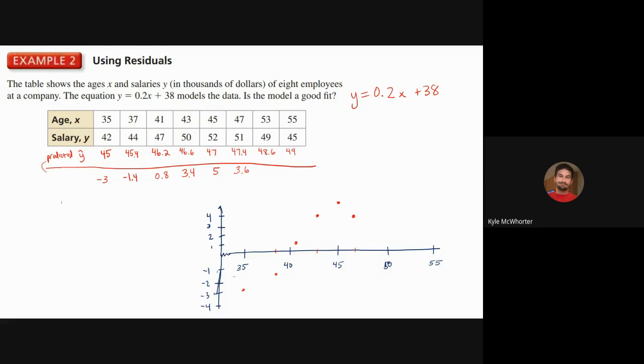Then when x is 53, the residual is 49 minus 48.6, that's 0.4. So 53 would be about here, and 0.4 would be like this. And the last one, 55, we're doing 45 minus 49, which would be -4. So at 55, our residual is -4.